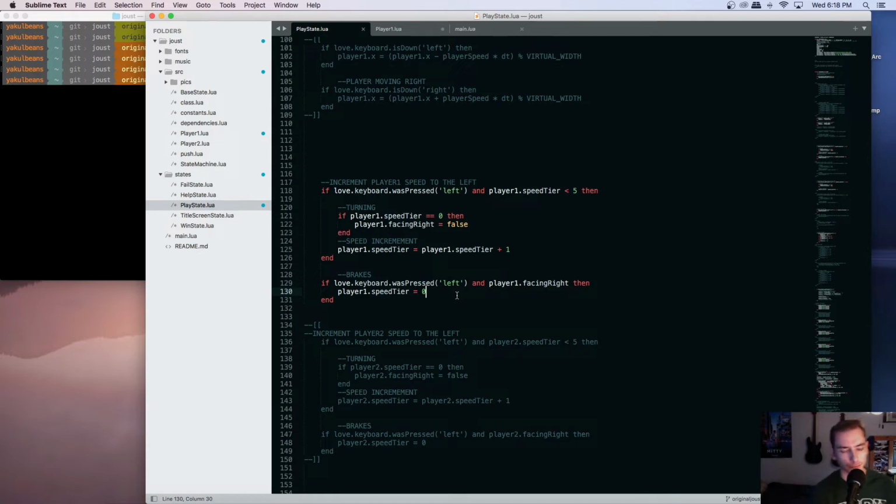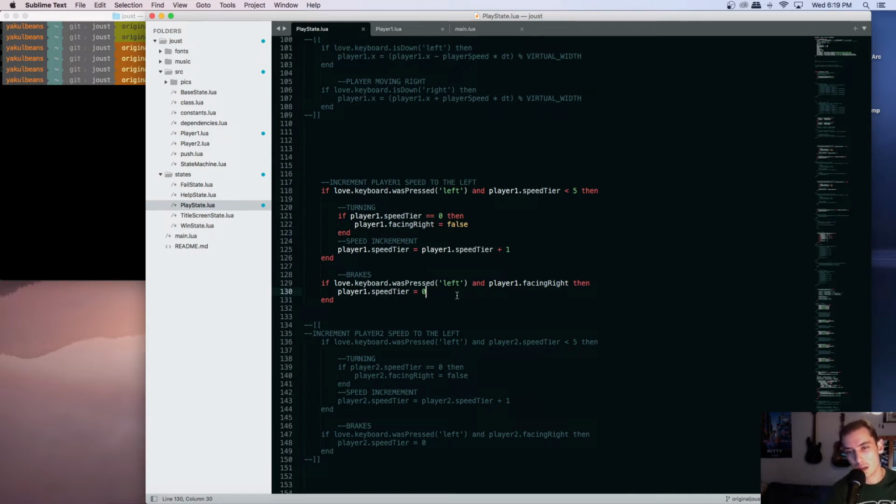Okay. So for example, if left is pressed and I'm facing right, I'd probably add one more condition, because the brakes in speed tier 1 stop right away, but if you're at speed tier 2 or above, it kind of skids to a stop.